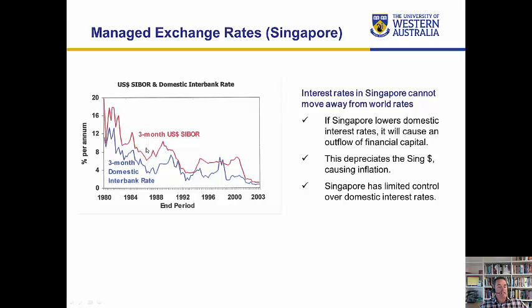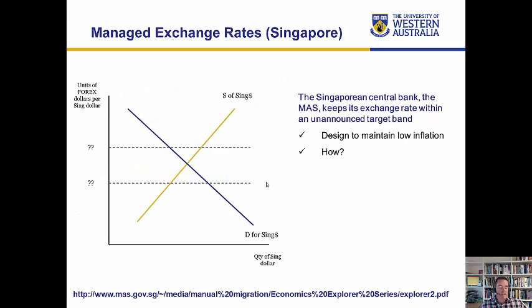So what you can see here is that the Singaporean interest rate doesn't move too far out of line with US interest rates. The reason for that is that interest rates in Singapore are constantly being adjusted so that they don't put any pressure on the Singaporean dollar to move outside this upper and lower bound.